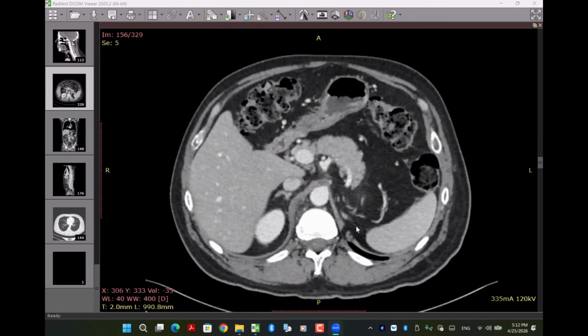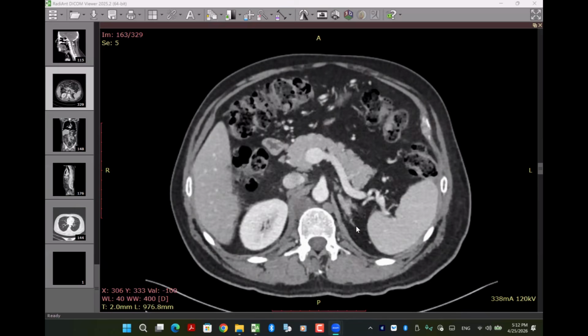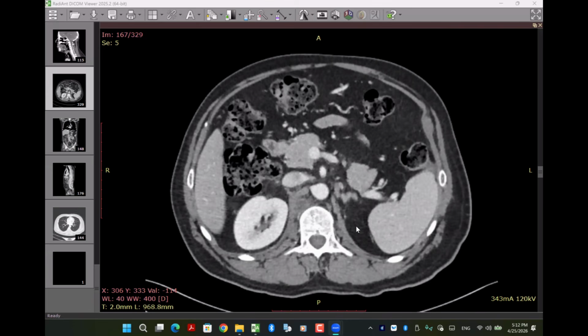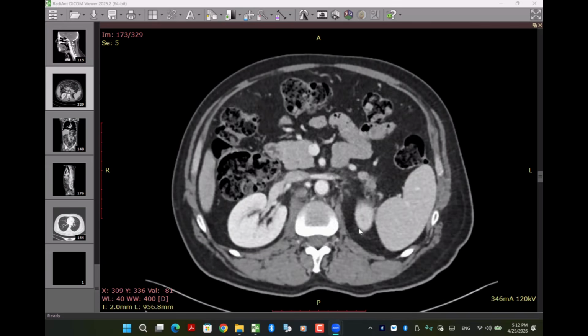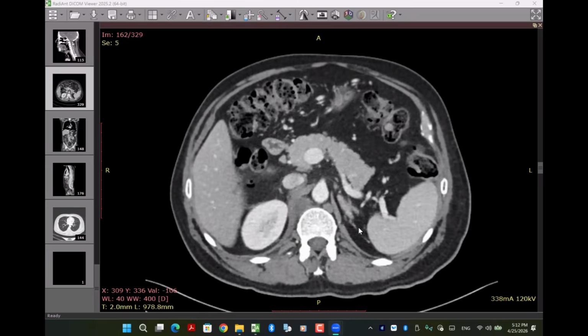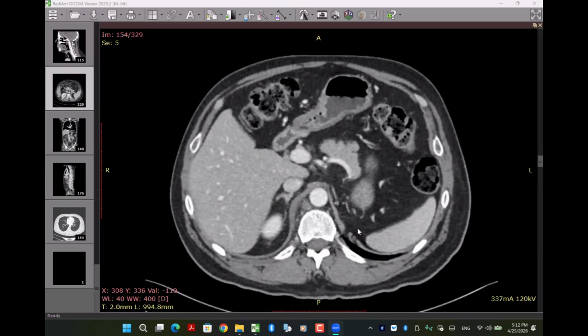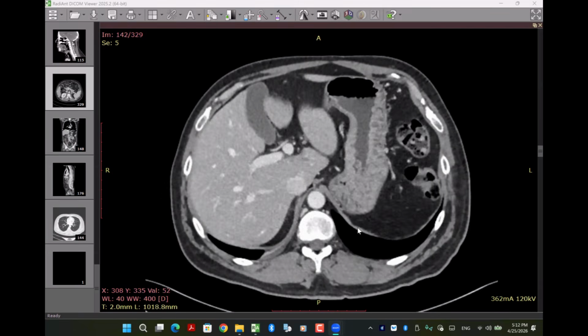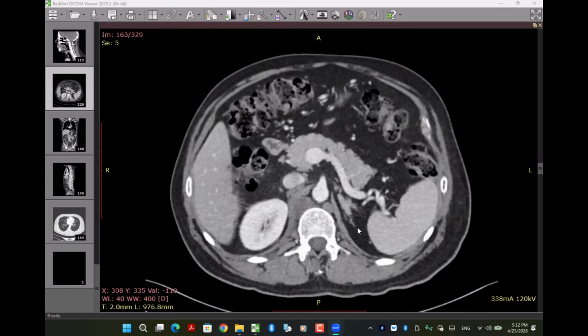Another right retrocrural lesion can be seen with similar features. Bilateral? Right retrocrural. Okay, I'll look at the left side too. Yes, it's bilateral retrocrural. I will now go and see if there's any involvement within the mesentery.